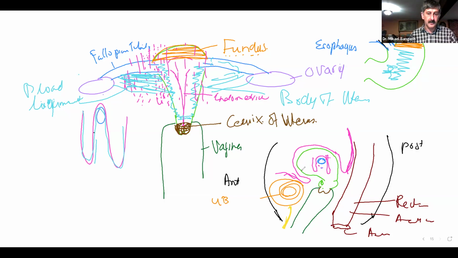It makes a slight curve, and then merges and runs on top of the urinary bladder. Mainly it continues on the anterior side of the abdominal pelvic wall.